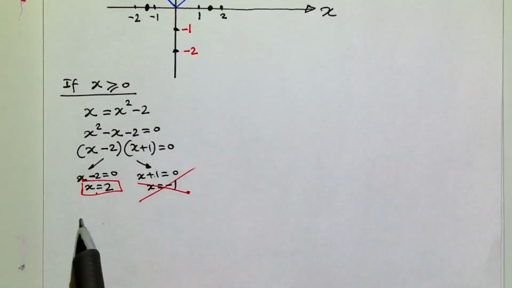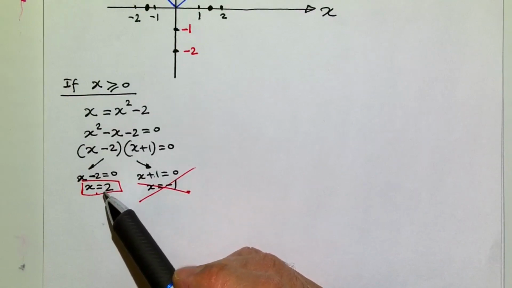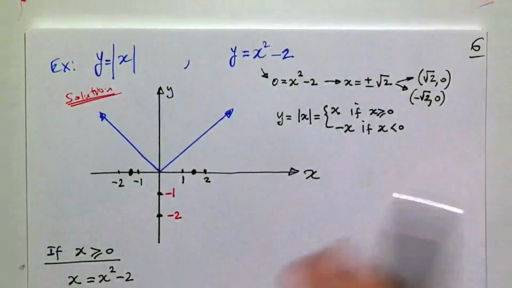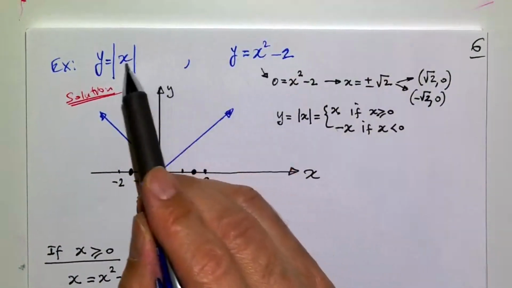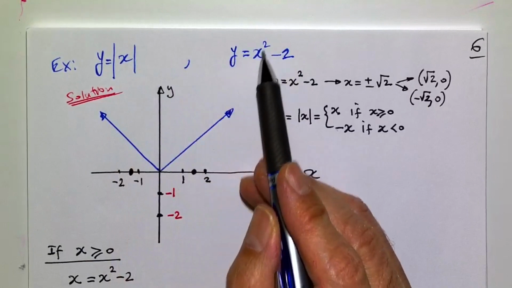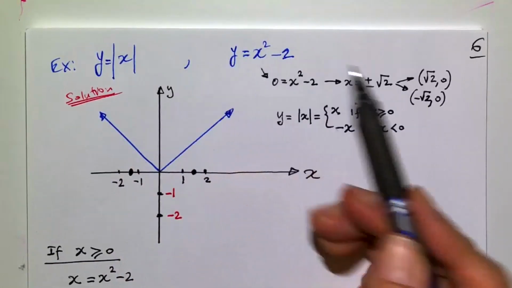And so that point of intersection would happen at x equals 2. So if you plug in x equals 2 in either equation, what do you get? We get y equals 2 here, and y equals 2 here as well, right? 2 squared is 4, minus 2 is 2, so y equals 2.